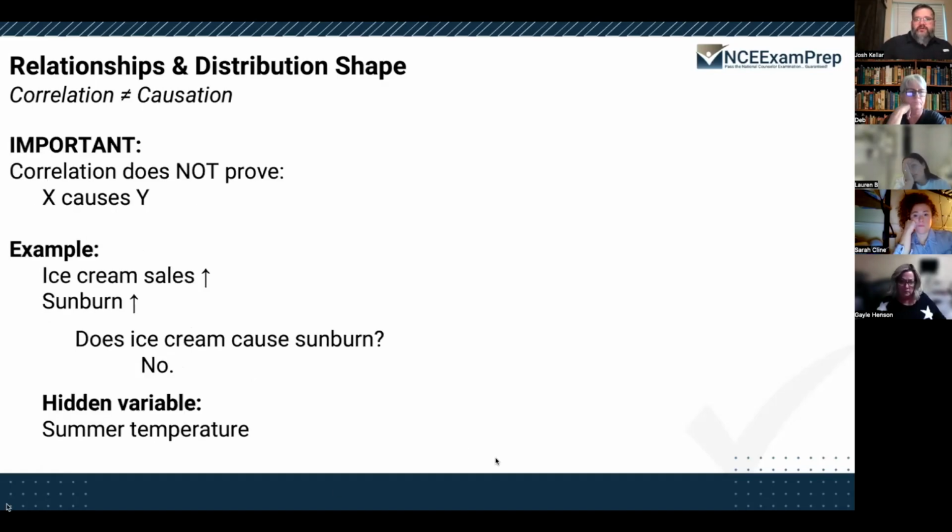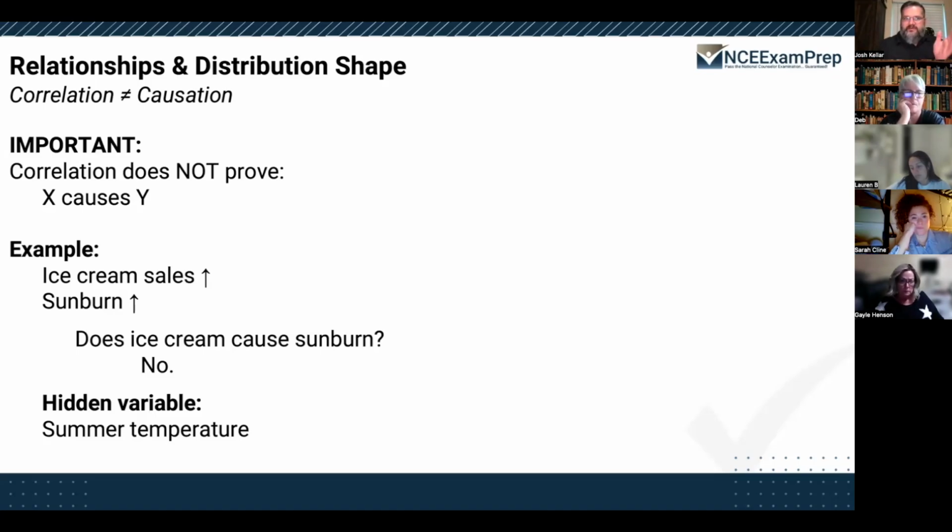So important to remember when talking about correlations is that correlation does not prove that X causes Y. Okay, just because a change in one also correlates with a change in another does not mean that they cause one another. For example, ice cream sales being up and sunburns being up does not mean that ice cream consumption causes sunburns, right?